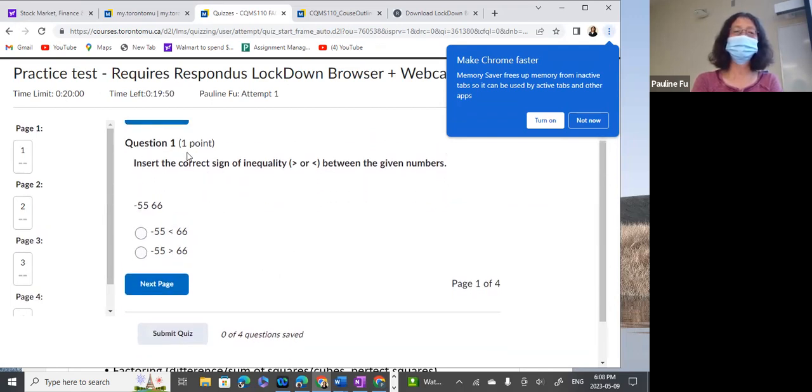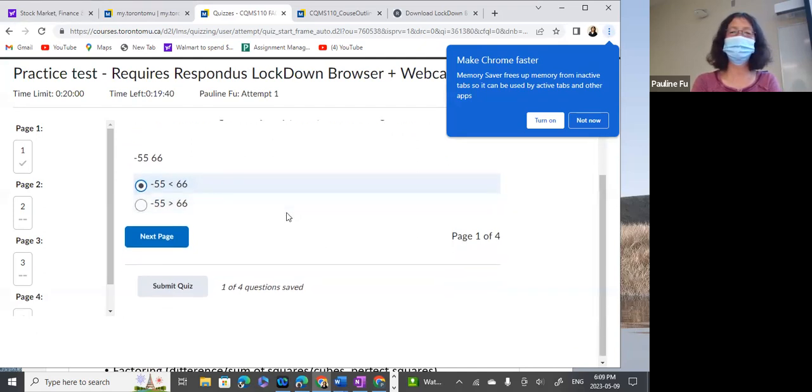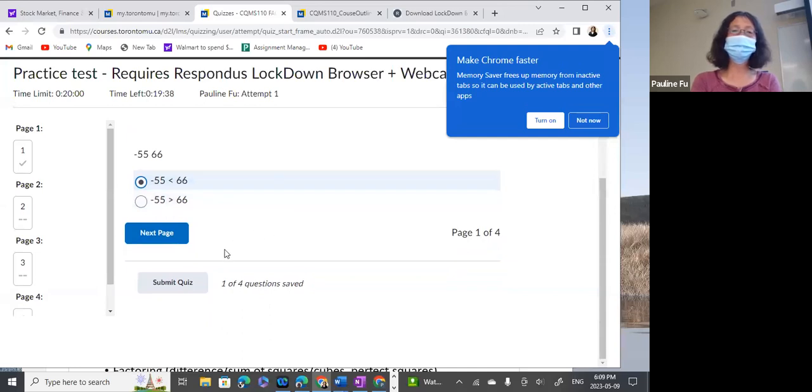Question 1: insert the correct sign between 2 given numbers. Which one should I choose? First one. Okay. Do not click submit quiz; you haven't finished yet. Instead, you click next page.